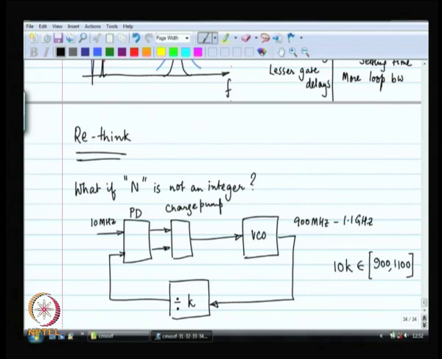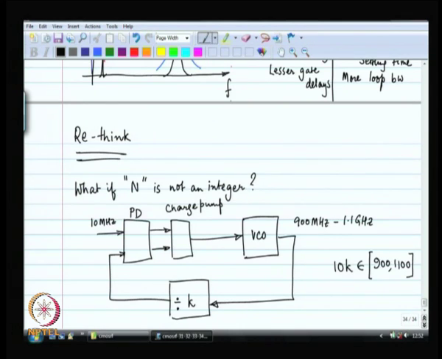So, if I am able to divide by k, where 10k is an integer between 900 and 1100. I mean, this is just a thought, right. This might not be what you are going to do, but this is just a thought.